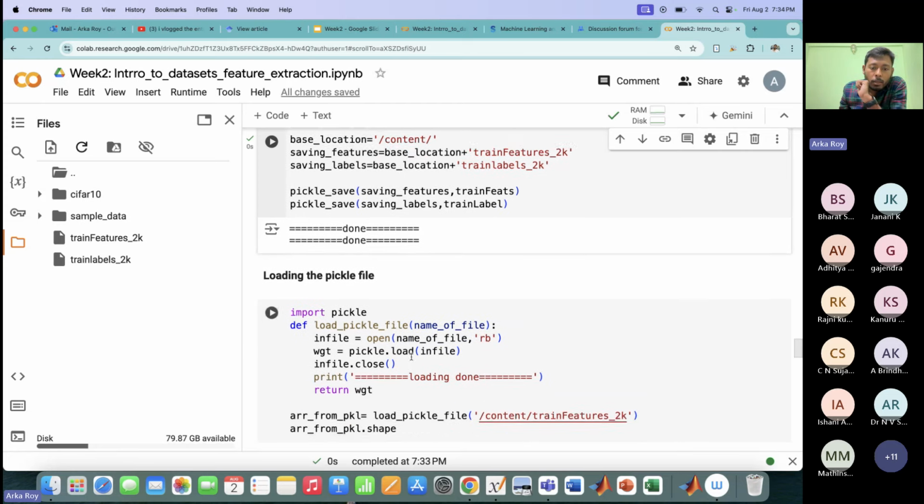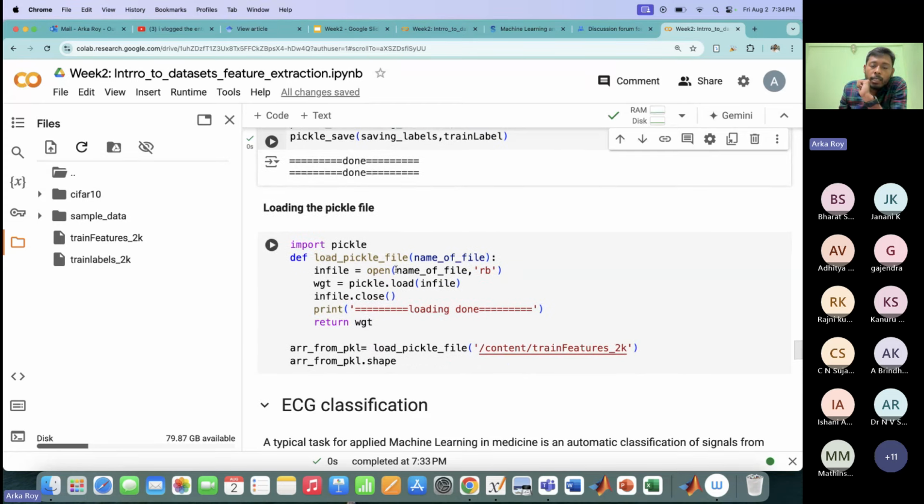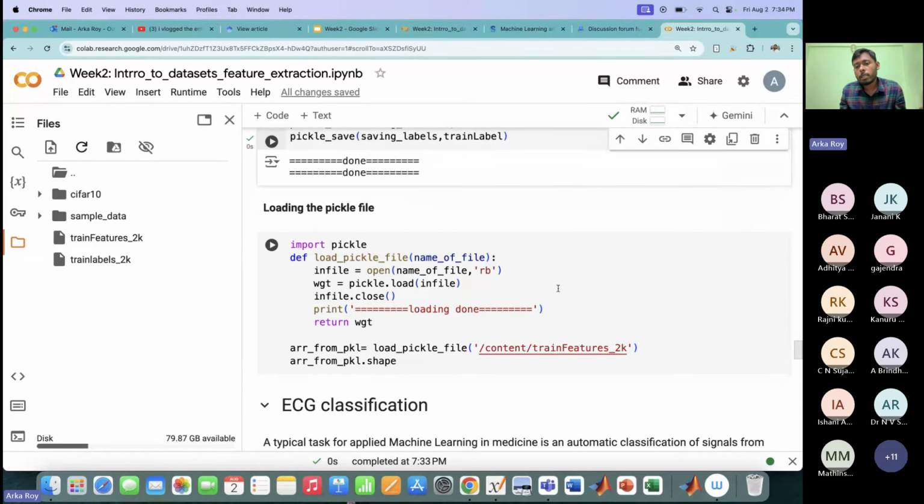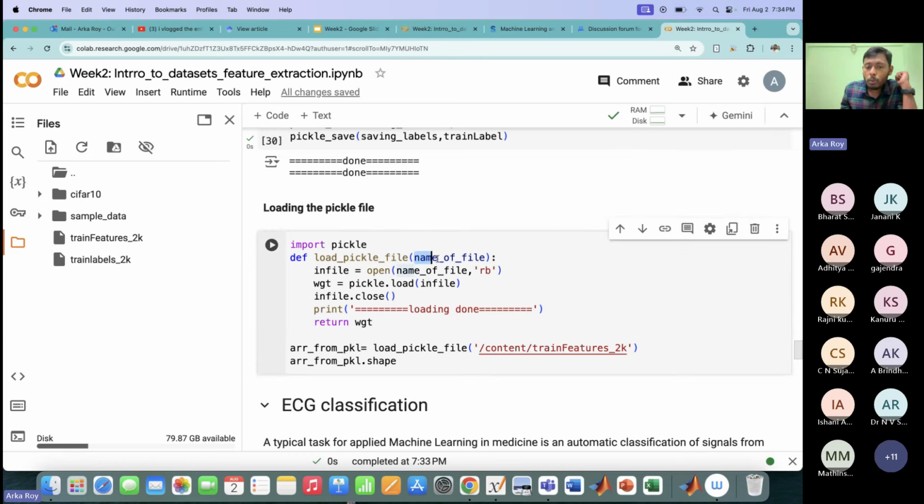Okay, so the next point is you have saved the data. One might ask, I have saved the data, how do I load it? To load the data, I have written another function called load pickle file. You just have to put the name of the file. Over here, our file name, let's say, is train features underscore 2k.